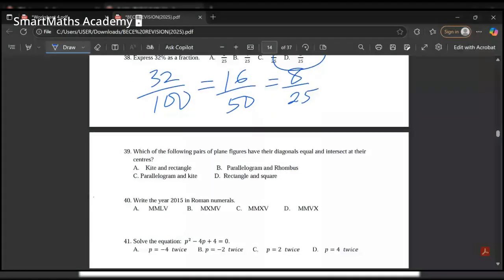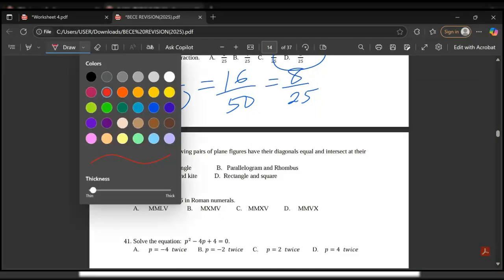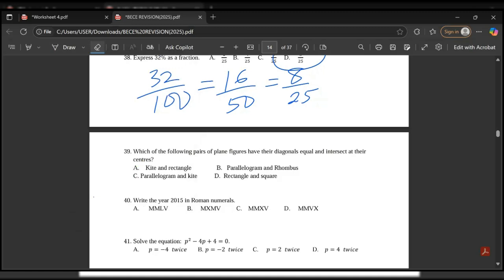Which of the following pairs of plane figures have their diagonals equal and intersect at their center? Okay, it can be kites and rectangle. The diagonals of kites are not the same. So we knocked out option A. Option B, parallelogram and rhombus.